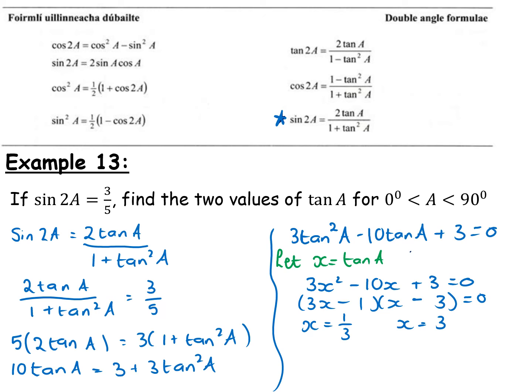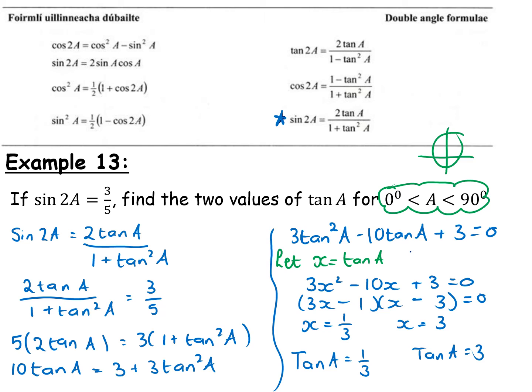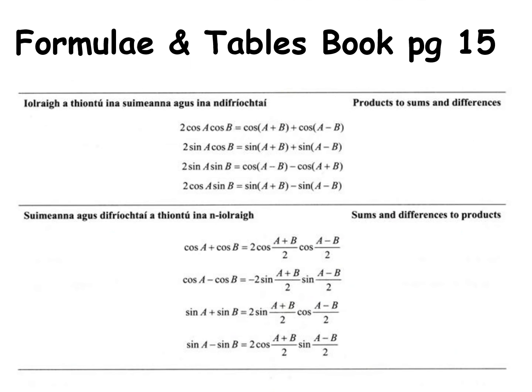So two values of tan of a: tan of a is equal to a third and tan of a is equal to 3. Remember, it did tell us that we were talking about 0 and 90 being the first quadrant, CAST. That means we're talking about where tan is positive, and both of our answers here are positive.